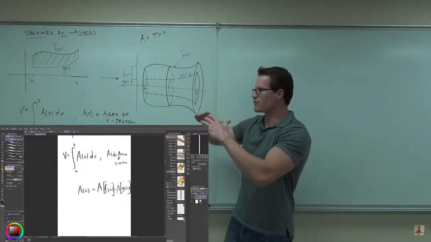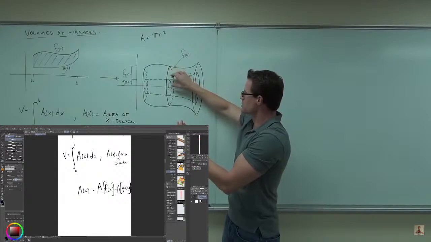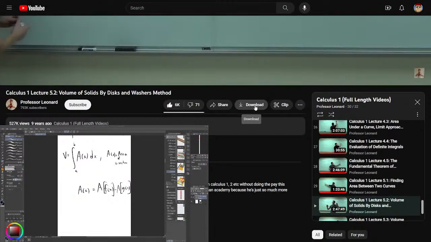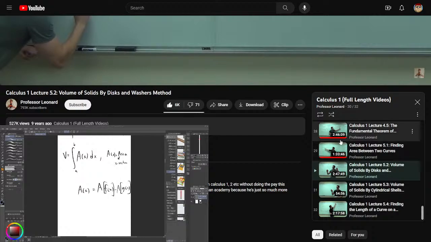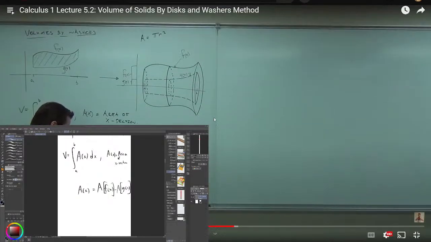So the radius of our cross section circle is just the height of the function, f of x, or g of x. So if we put in these areas, we should get pi r squared minus pi r squared.